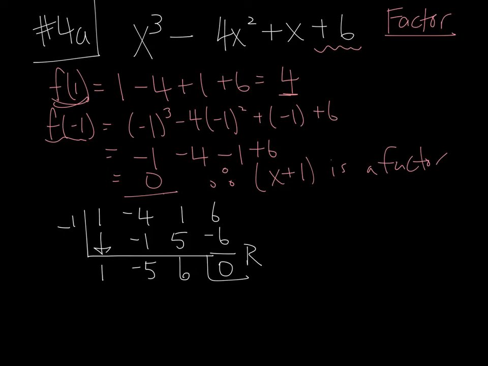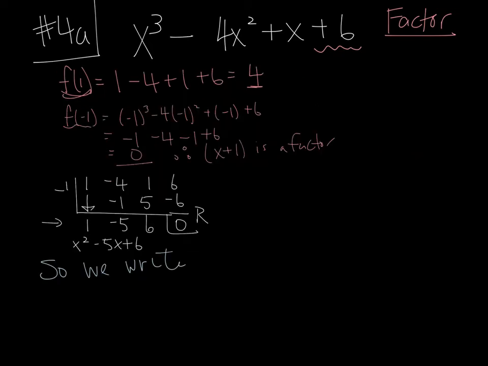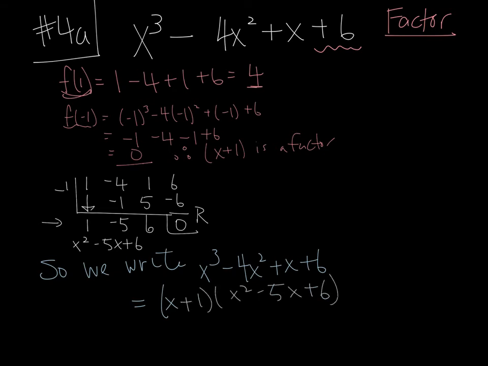This line here translates to the other factor of x squared minus 5x plus 6. So now we can write the original polynomial as x cubed minus 4x squared plus x plus 6 is equal to x plus 1 times x squared minus 5x plus 6.